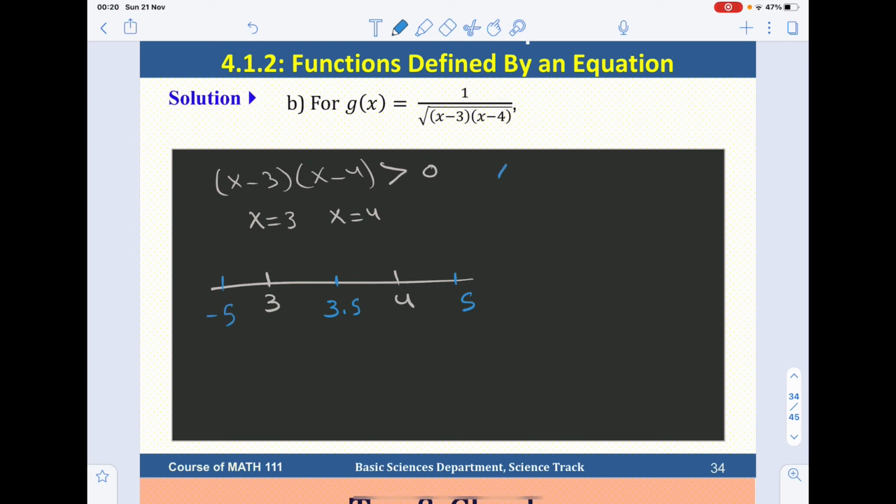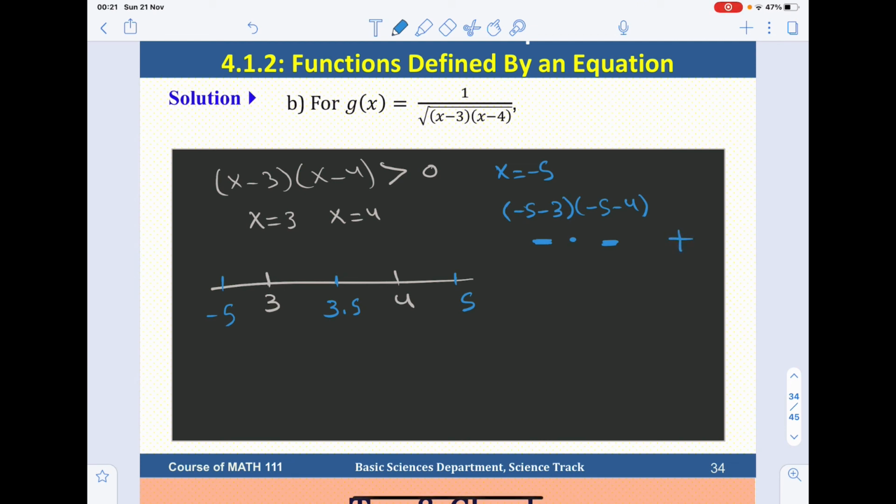So when x equals negative 5, I would have negative 5 minus 3 times negative 5 minus 4. So negative 5 minus 3 is negative, times negative 5 minus 4, also negative. And you know negative times negative would be positive.